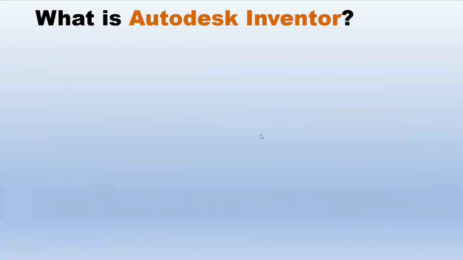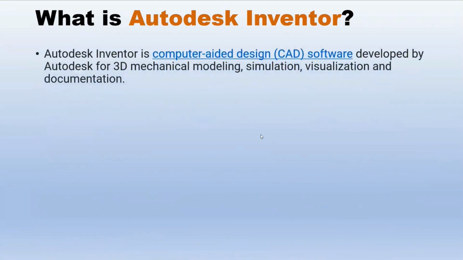Let's ask, what is Autodesk Inventor software? Autodesk Inventor software is a CAD software, computer-aided design, developed by the Autodesk company. You can use this application for 3D mechanical modeling and simulation, visualization, and documentation.